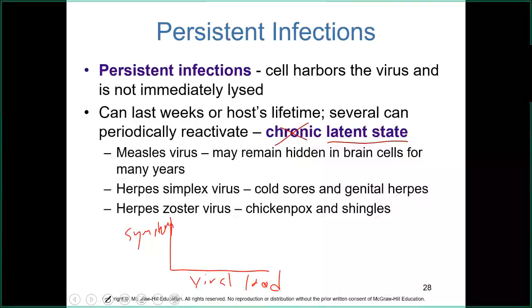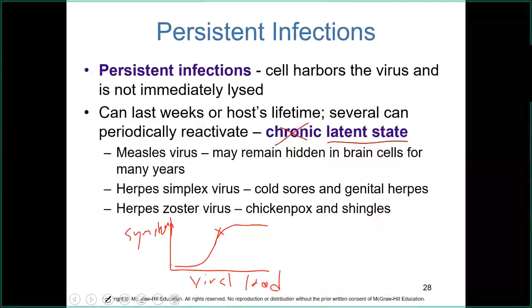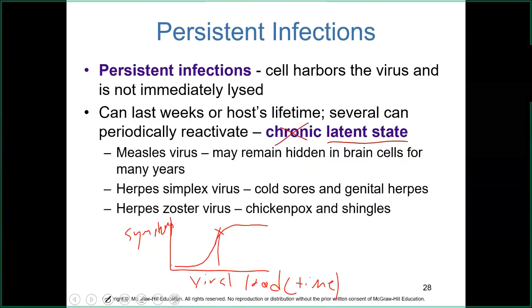So initially, there are no symptoms. And then with these latent persistent infections, what happens is they build. And then you become symptomatic, right around in here. The viral load increases. We could also put time on this axis too. You become symptomatic right about there, right? Takes a while.